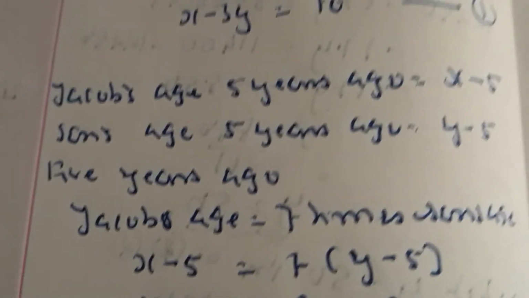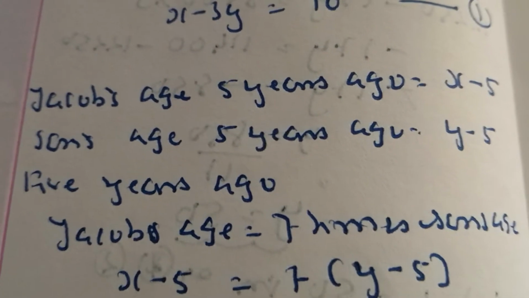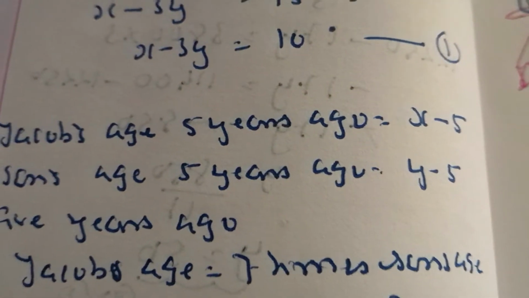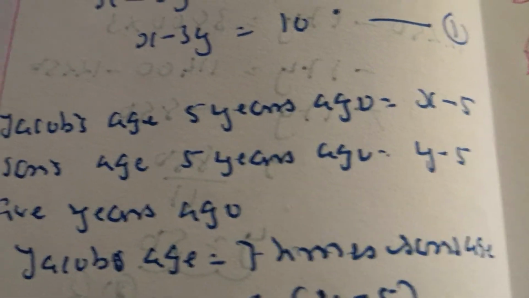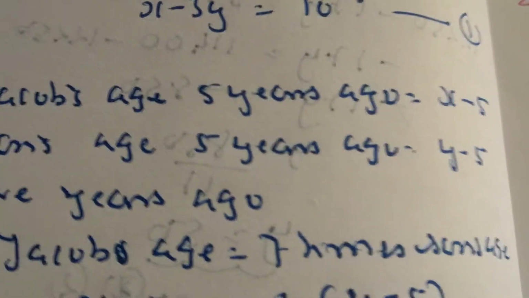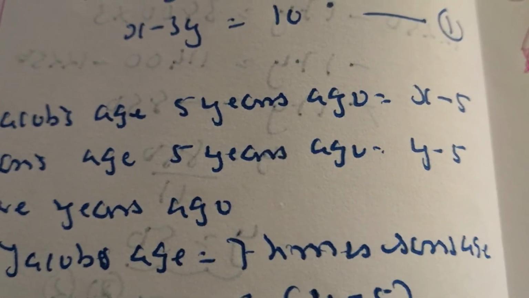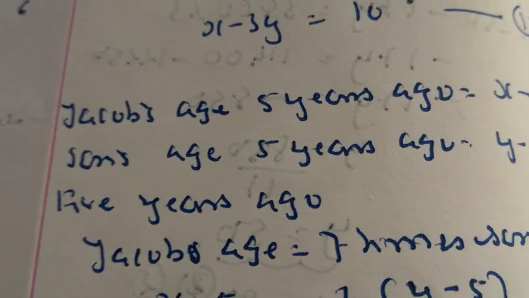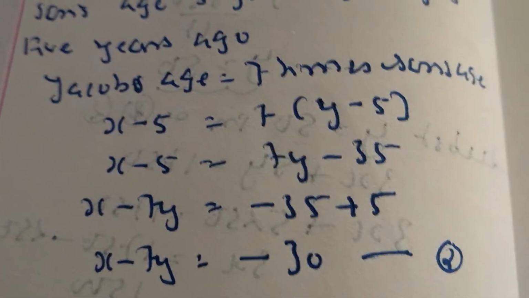Now for second equation, Jacob's age 5 years ago. 5 years ago, that is present age minus 5. That is Jacob's age 5 years ago is x minus 5. And his son's age 5 years ago will be y minus 5. So 5 years ago, Jacob's age is equal to 7 times son's age.